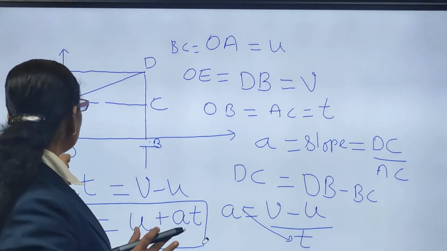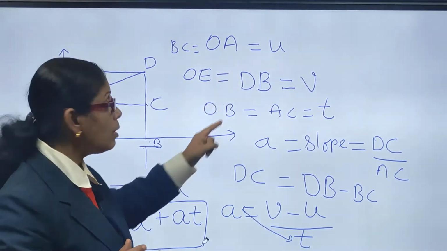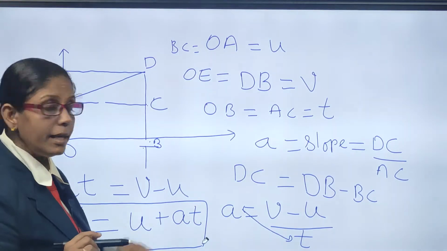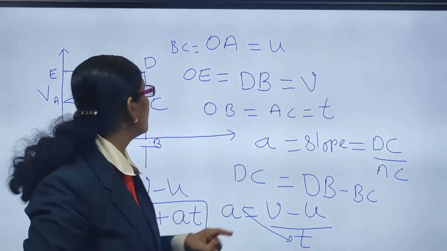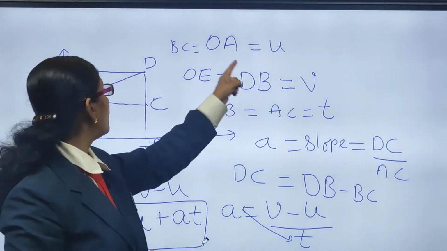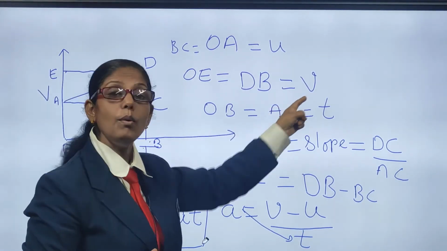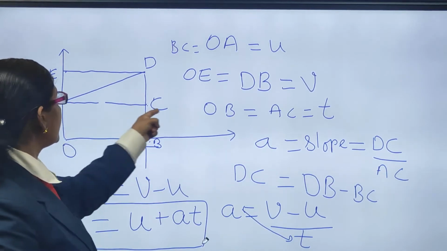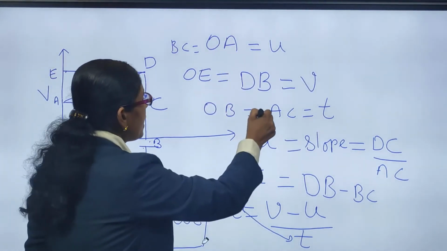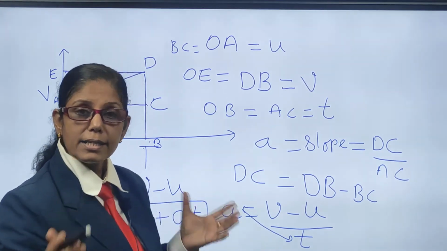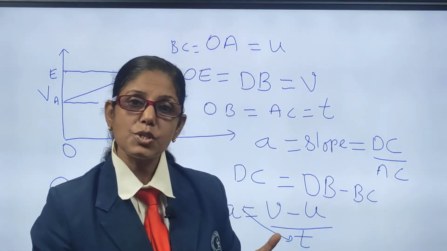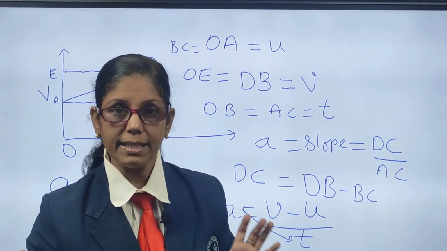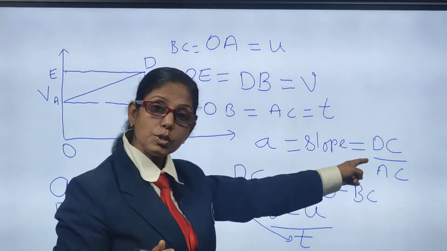Now, from the graph, we are writing down BC, same as OA, equal to initial velocity U. Then OE is equal to DB equal to V. Again, OB is equal to AC equal to T. This much we are getting from the graph. Next, already we have studied slope of the velocity time graph gives us acceleration. So, acceleration is equal to slope.